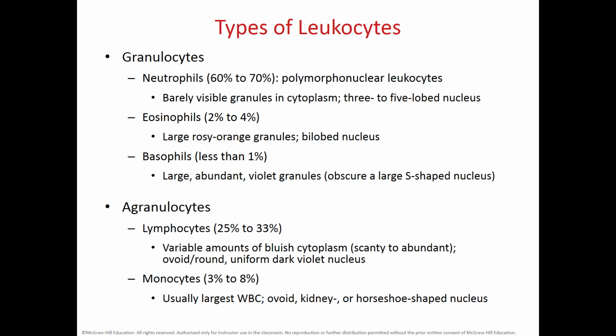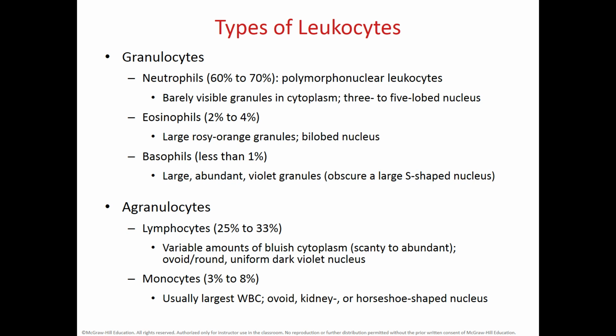Now for the agranulocytes, the lymphocytes make between 25 to 33% of the white blood cells, and they have variable amounts of cytoplasm. Their nucleus is so large that it almost occupies the entire cell.